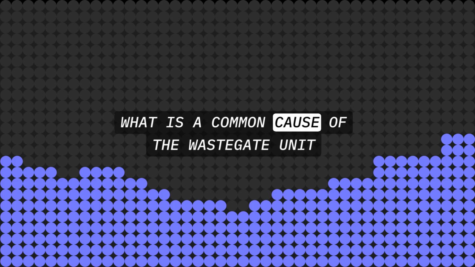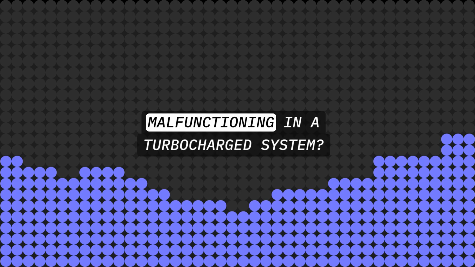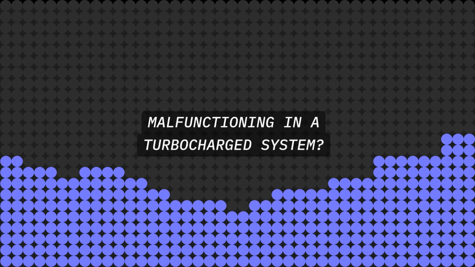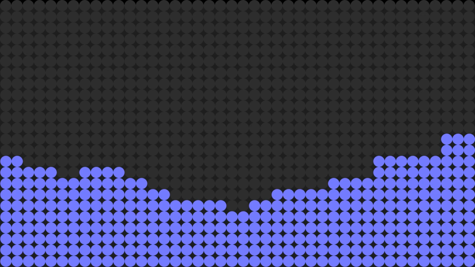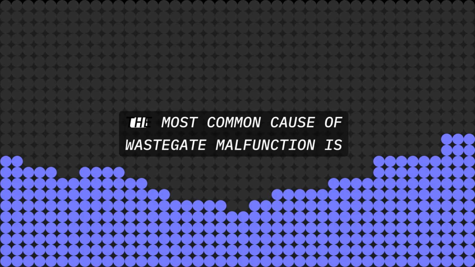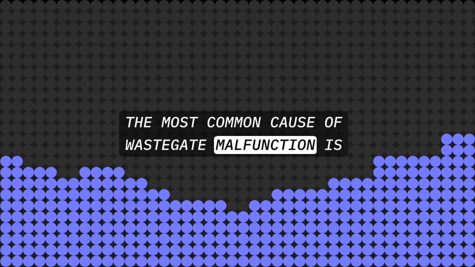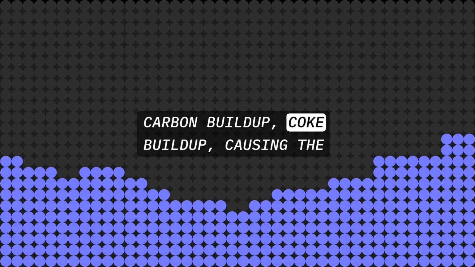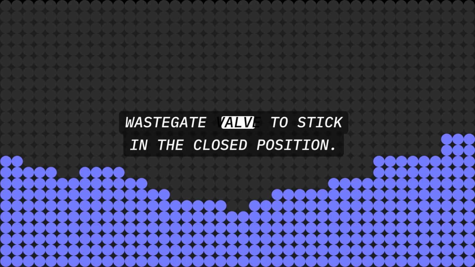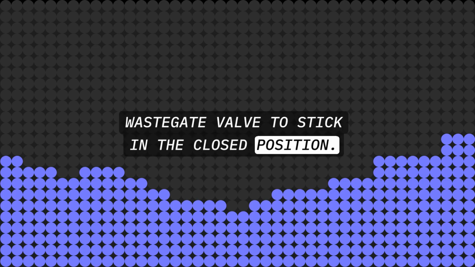What is a common cause of the wastegate unit malfunctioning in a turbocharged system? The most common cause of wastegate malfunction is carbon buildup, coke buildup, causing the wastegate valve to stick in the closed position.